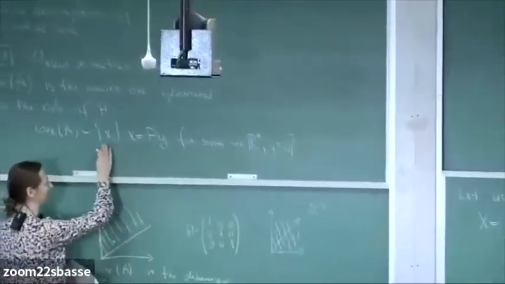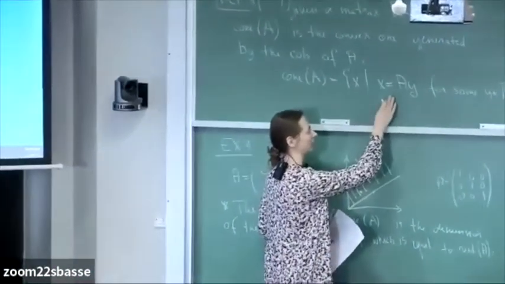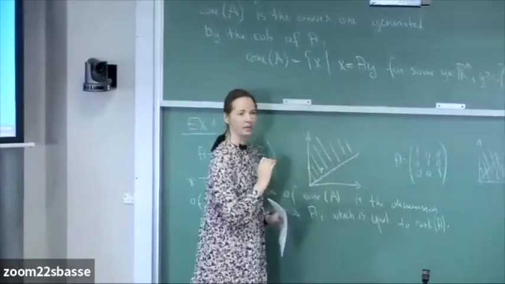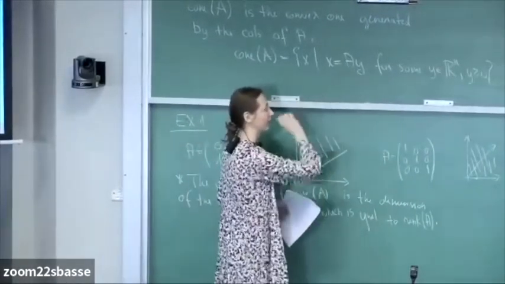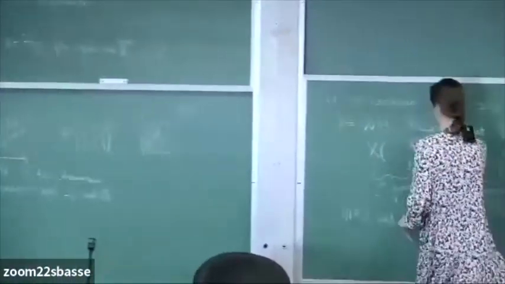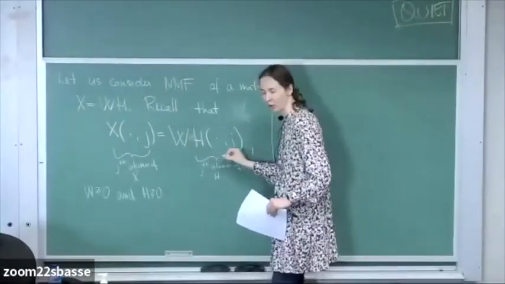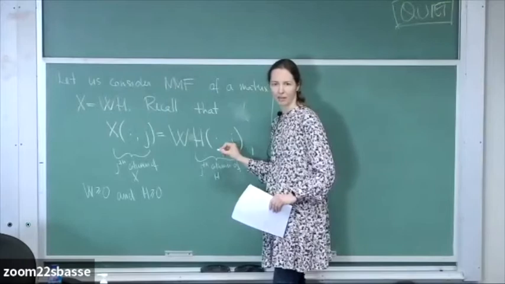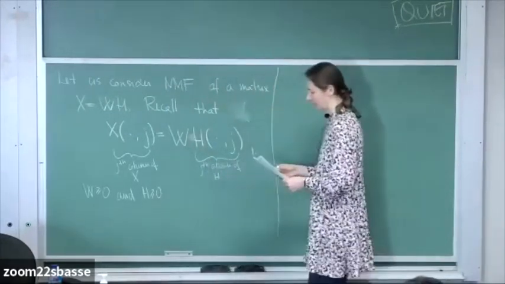We had that we are considering all the points x, where x is equal to A times y, where y is non-negative. So A is a matrix and y is a vector and x is a vector. So cone of W, exactly, because these are vectors, and these vectors are non-negative, exactly as in the definition of a finitely generated cone. And then W is our matrix.